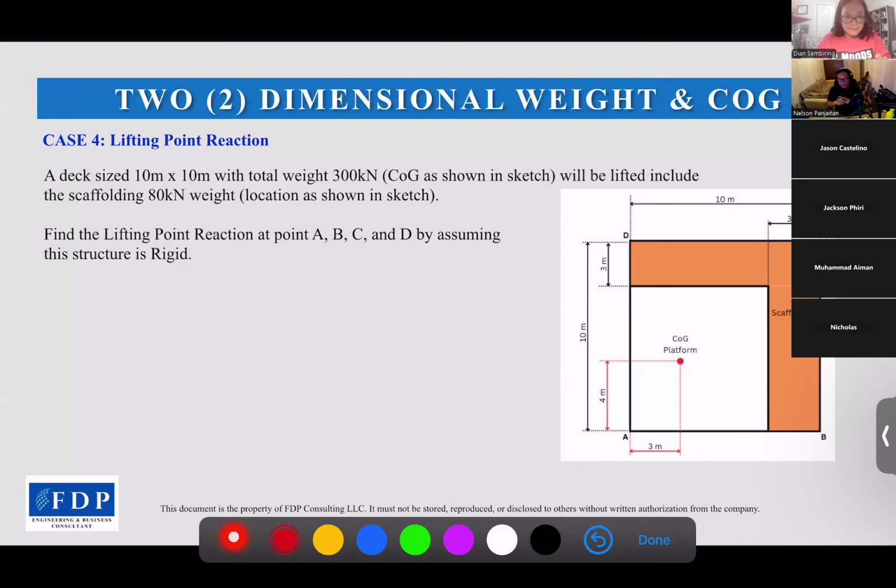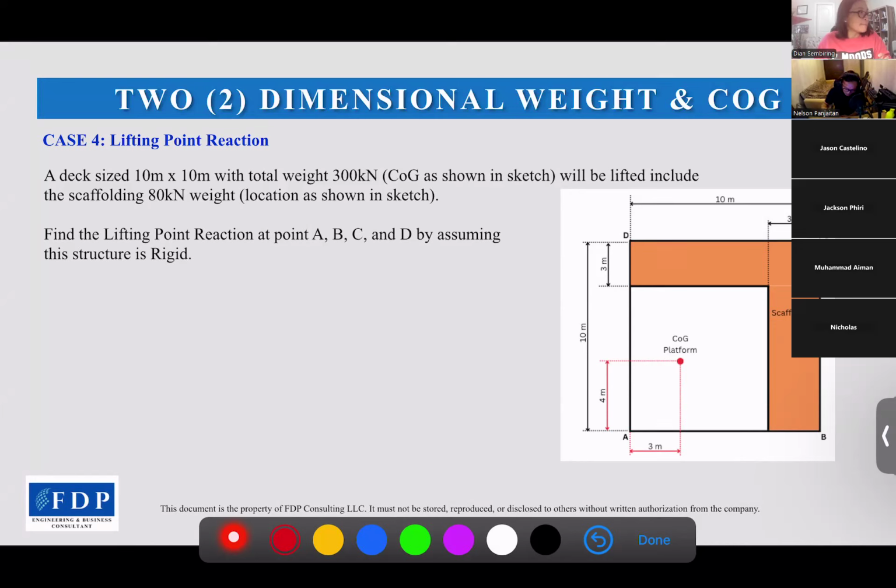I've got one question. Now, in this figure, let us assume that the scaffolding area is a pipe spool. In case I want to find the COG of a similar size, maybe 10 meters by 10 meters, and I assume the platform area as blank with zero weight, can I use a similar formula?